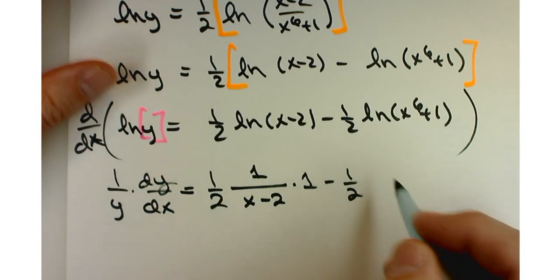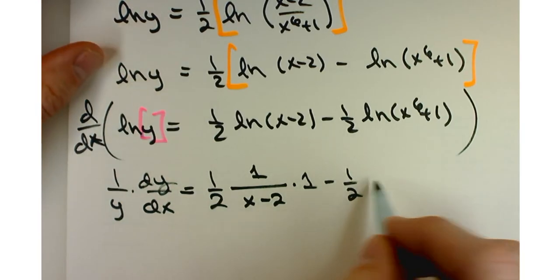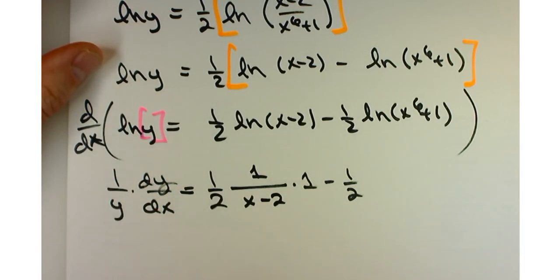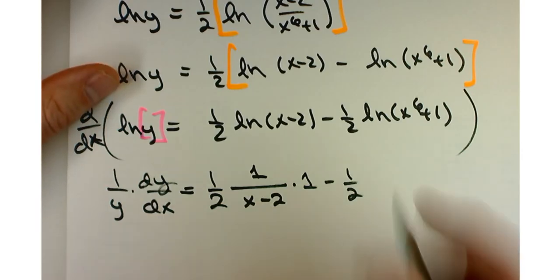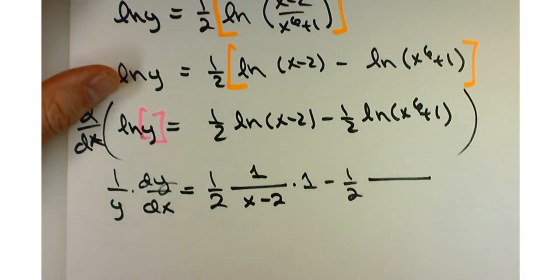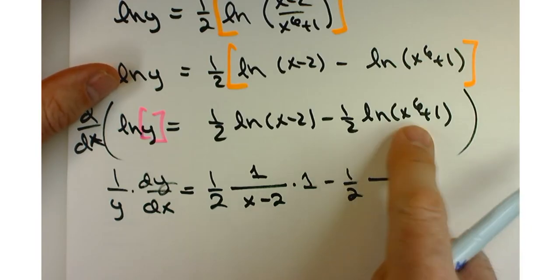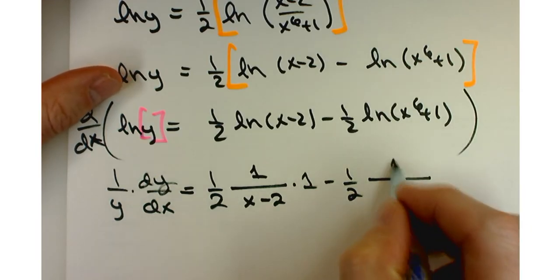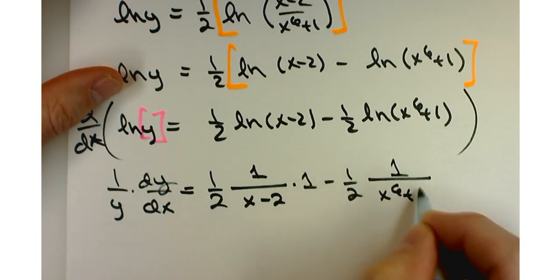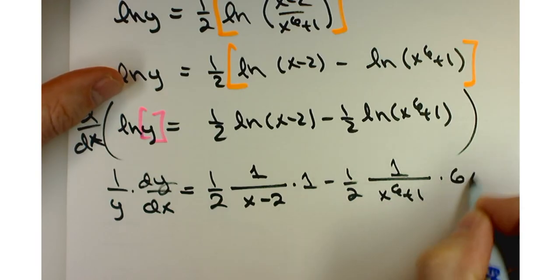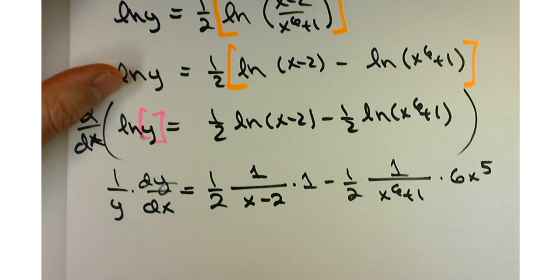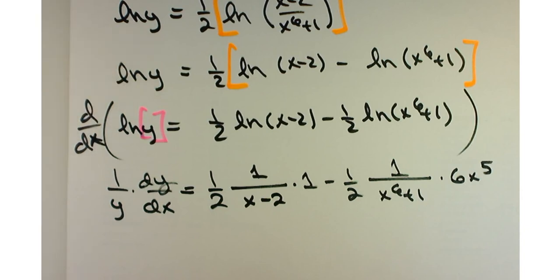You maintain the 1/2 on the outside. You could keep it factored, nothing wrong with that. So, Max, what's the derivative of this one going to be? 1 over x to the 6 plus 1 times 6x to the 5th. Good.